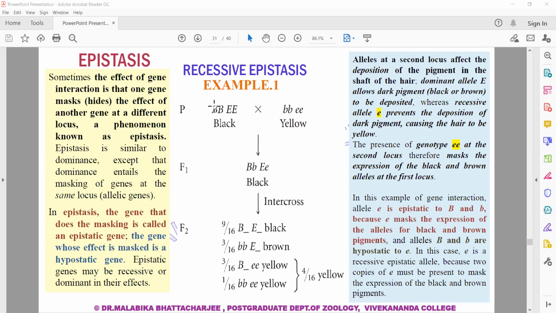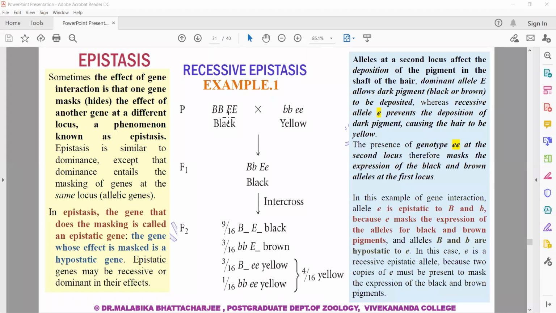The small b allele produces the brown pigment. So the capital B allele produces the black or dark pigment, and the small b allele produces the brown pigment. Again, capital B codes for black pigment, small b codes for brown pigment.